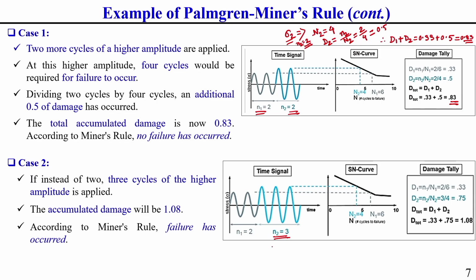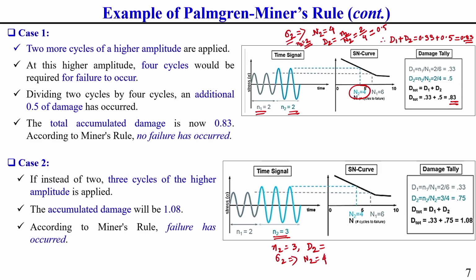For N2 equal to 3, what will D2 be? For the higher stress level sigma 2, we know capital N2 equal to 4; it is already given, we calculated it from the SN curve. So that we can easily see.